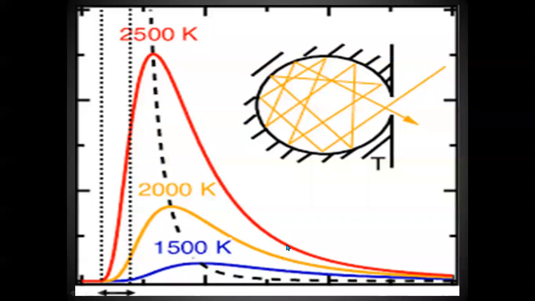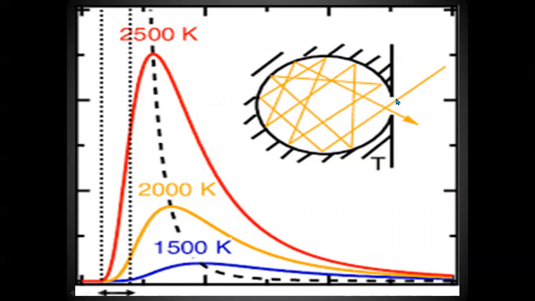Now, this is one of the objects which may be considered a black body. It is made of platinum. The inside surface is coated with carbon black or lamp black.